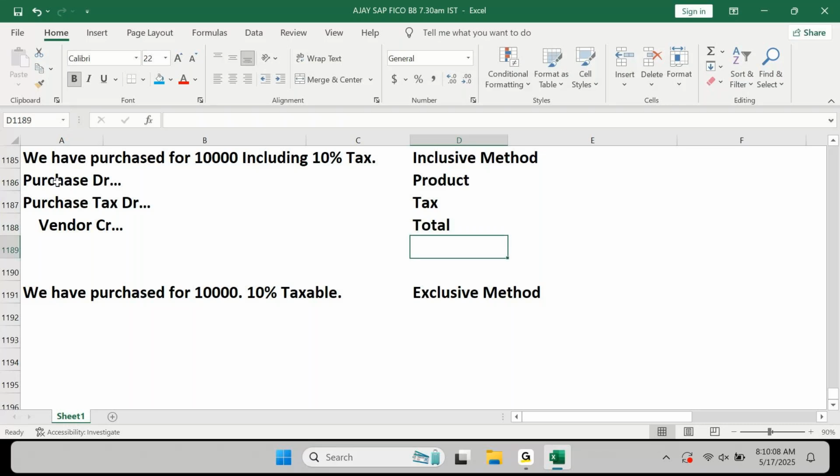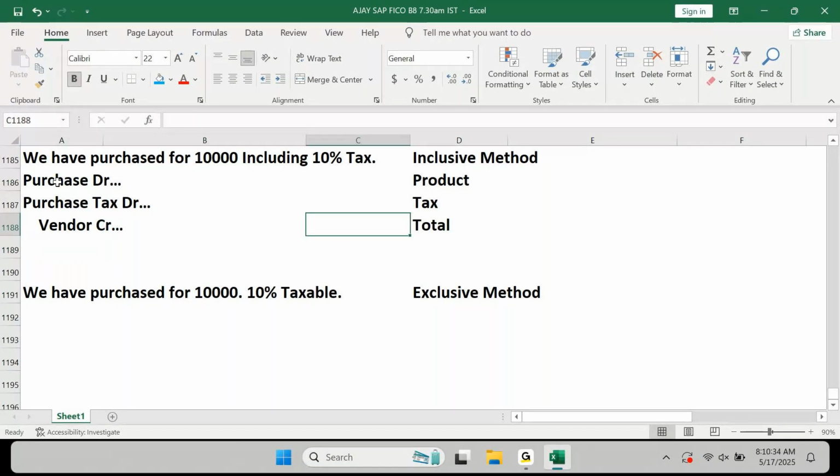You get product cost, you get a tax value, and then you get total value: product value plus tax value. This 10,000 is the product value, tax value, or total value now? Total value. On what basis are you telling it is total value? Because it is including the tax. Am I clear?